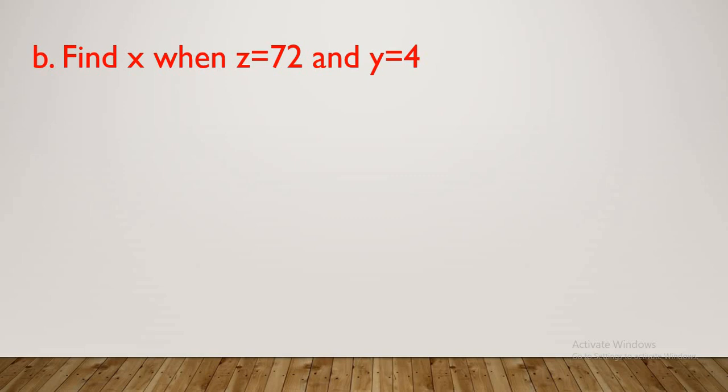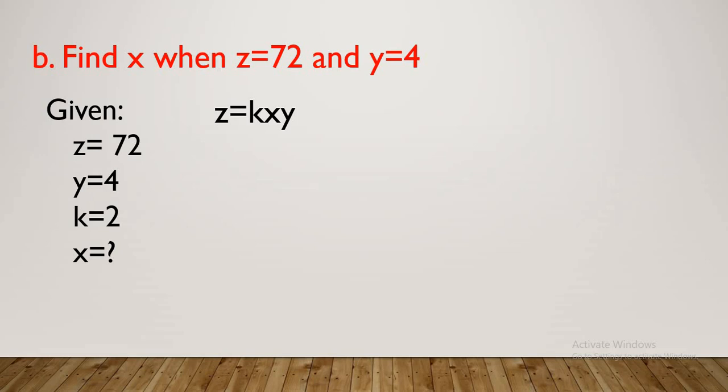This time, we are going to find the value of X when Z is 72 and Y is 4. Remember that our constant of variation is 2. So write the givens: Z is equal to 72, Y is 4, K is 2, and X is missing. From the equation Z is equal to KXY, we substitute the values.